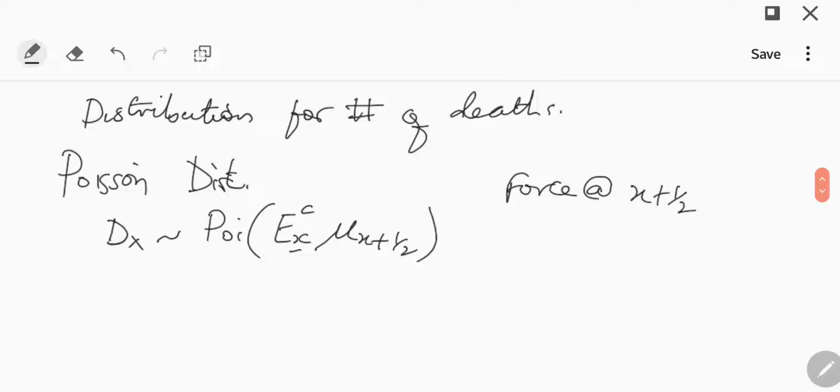That is what is giving me the distribution of deaths, if I'm assuming the deaths are following a Poisson distribution.